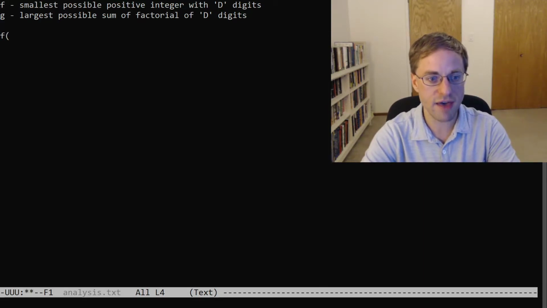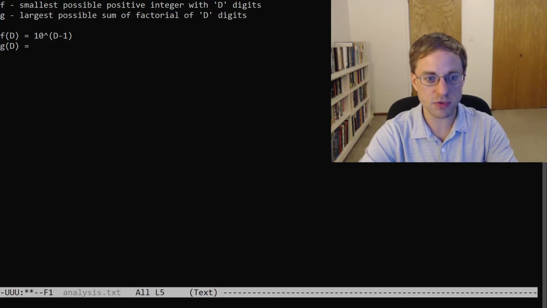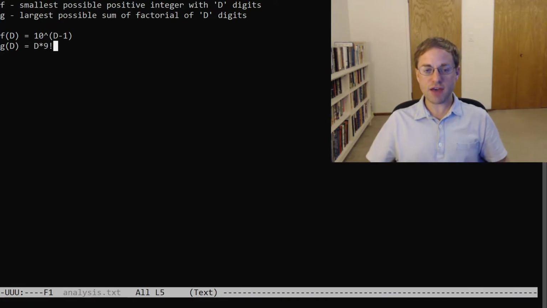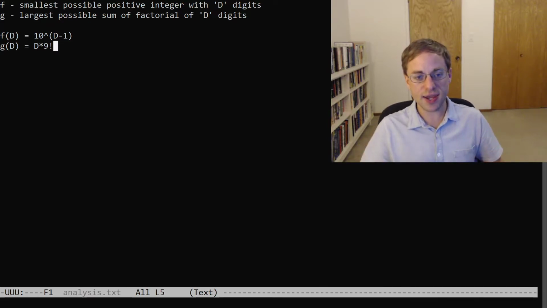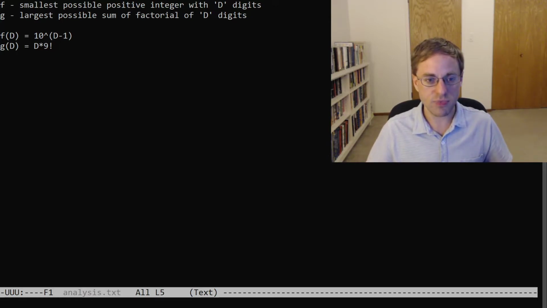So we'll note that f of d is just going to be equal to 10 to the d minus 1. And g is just going to be equal to d times 9 factorial. That is, if every digit in our number is a 9, then the largest possible sum of factorials of digits is going to be d times 9 factorial.